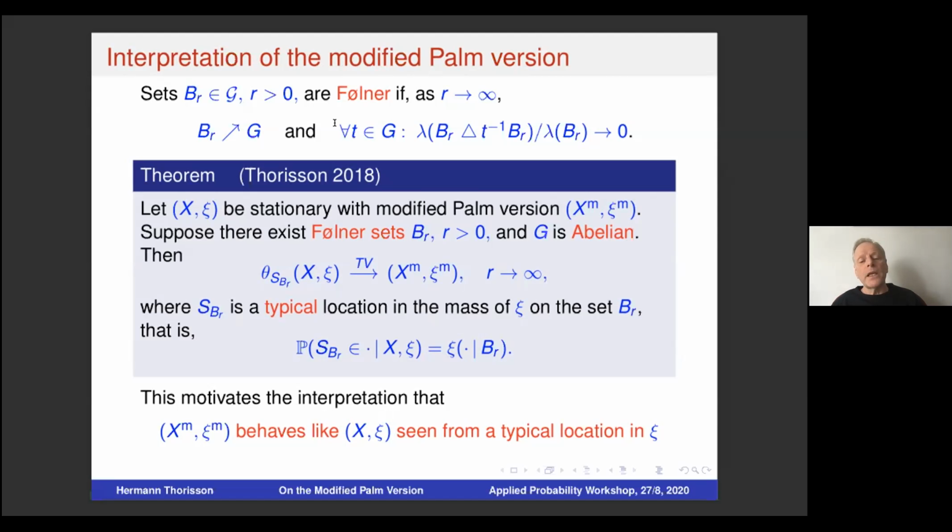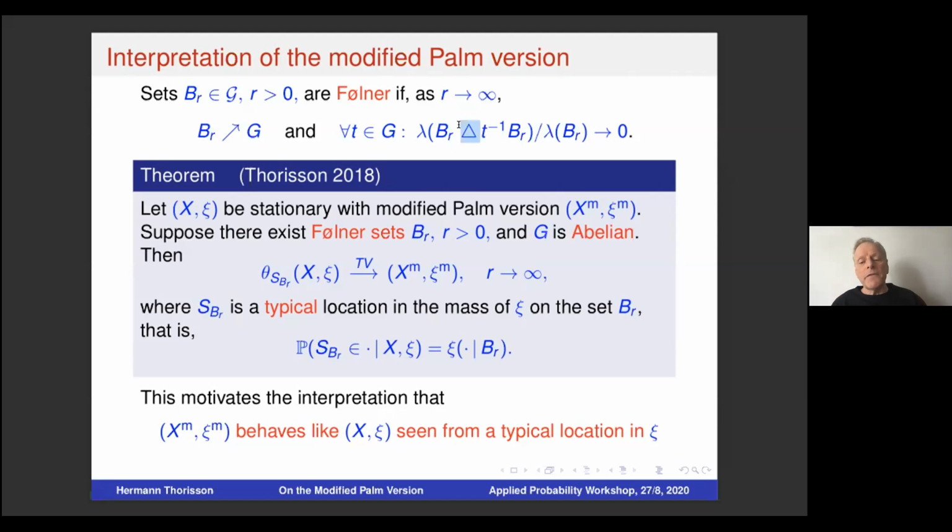So the sets are Følner if they expand to G, and if for all locations s, the volume of the symmetric difference of the set B_R and the shifted set B_R divided by the volume of B_R goes to 0.